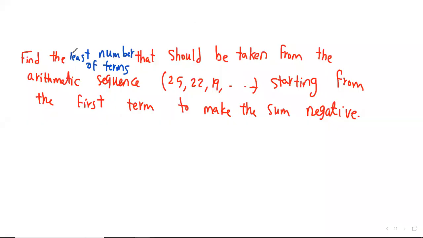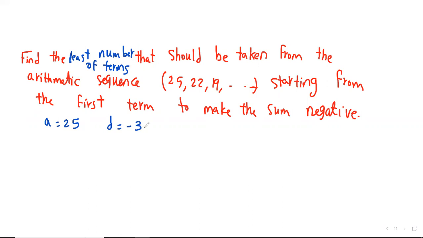Find the least number of terms that should be taken from the arithmetic sequence 25, 22, 19, starting from the first term to make the sum negative. So A is 25, the first term is 25, and D, 22 minus 25, is negative 3.